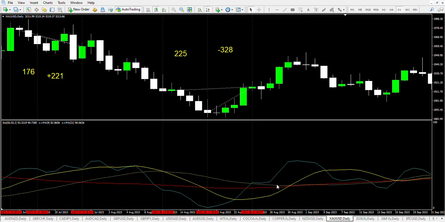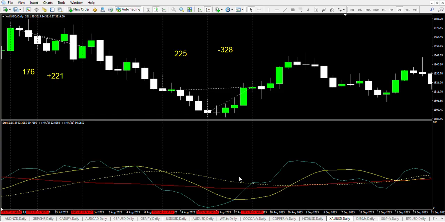Now here, when this blue line crossed up after this trade had finished, sorry, what was going on here? So the blue line crossed down, we opened a sell. When the 9 crossed down here, I would have closed that trade for 22.5 pips.